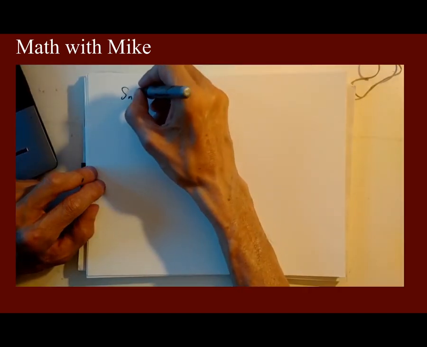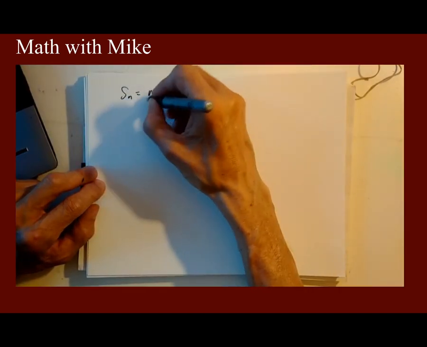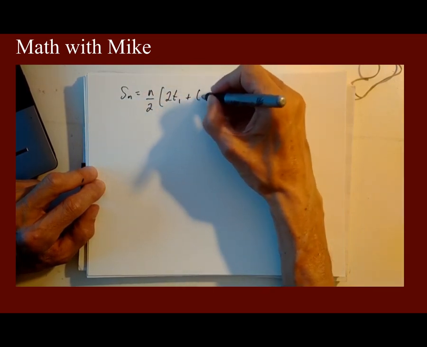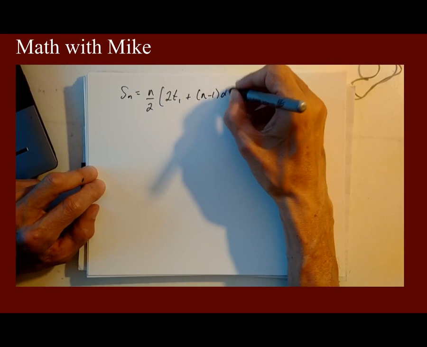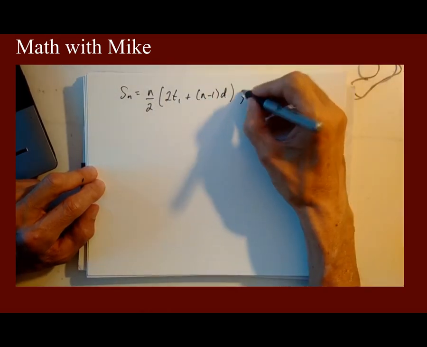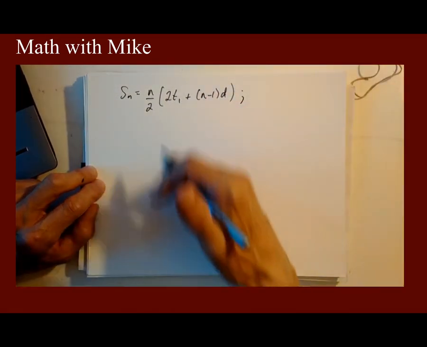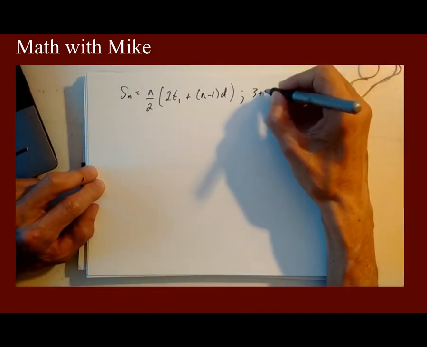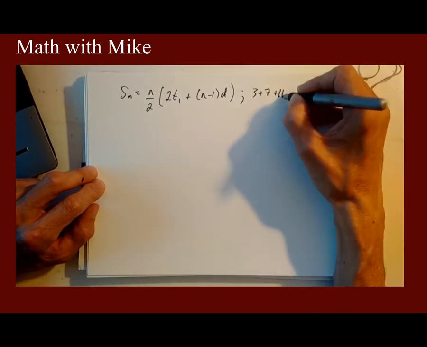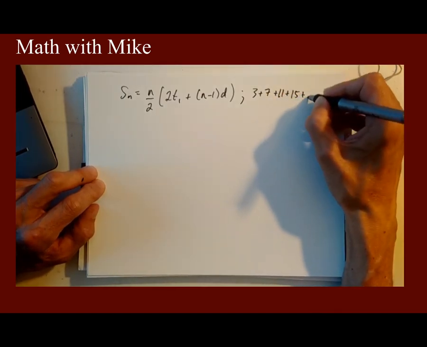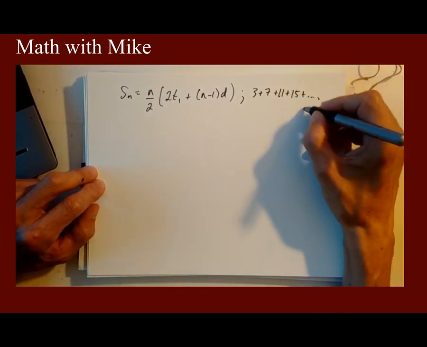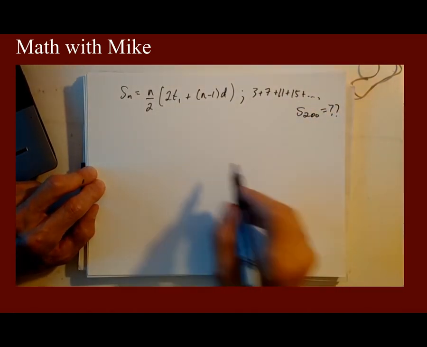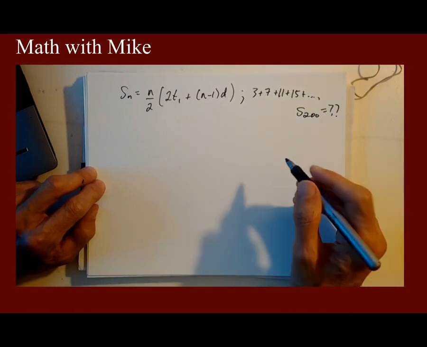I'm going to rewrite the formula that we just worked so hard to get, with n minus 1 times d, up near the top, so I have some room to work out the question. This is what we're given, and we need the first 200 terms. Okay, let's check it out.